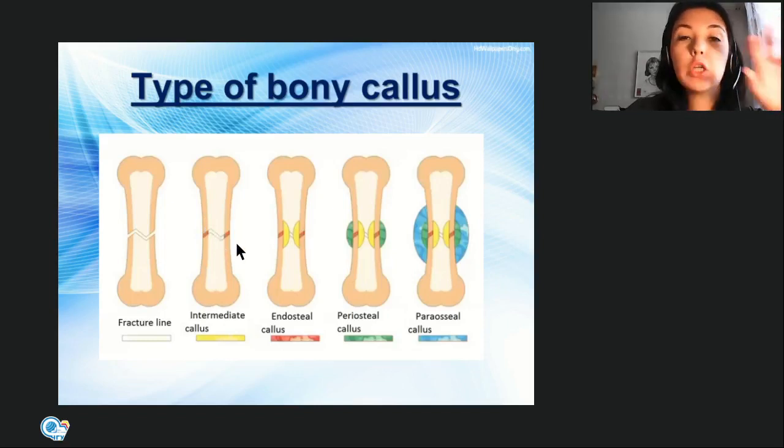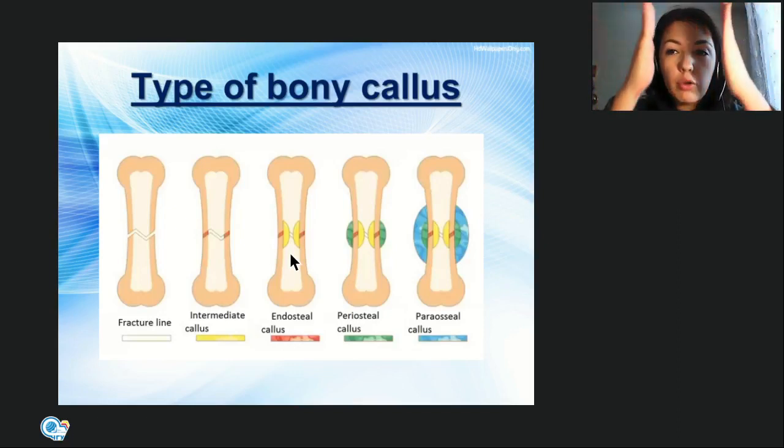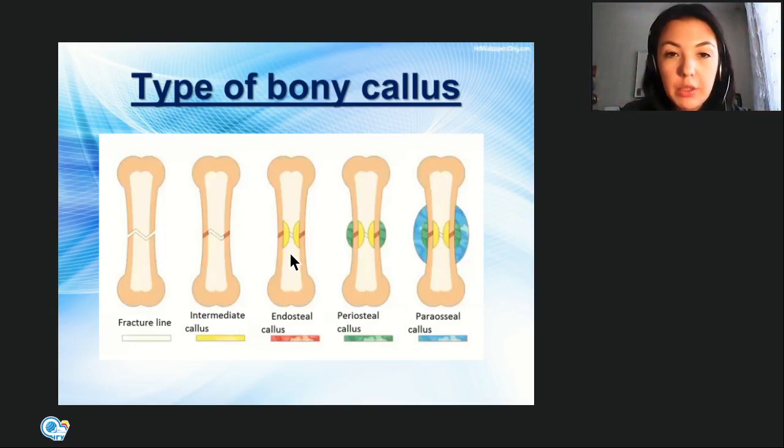But such a callus is perfect, and it nearly never goes like that. There is also the endosteal callus. It grows under the endosteum, under the internal lining of the bone, that lining of the medullary cavity.